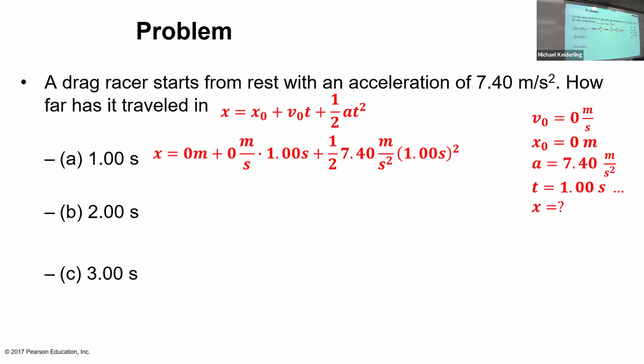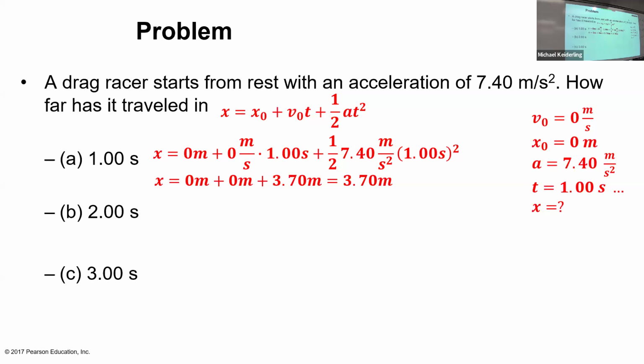So here, 0 meters plus 0 times 1 second, also 0, plus 1/2 times 7.4 meters per second squared times 1 second squared. That's going to be 3.7 meters, because the first two terms go to 0 and the last term is 3.7.